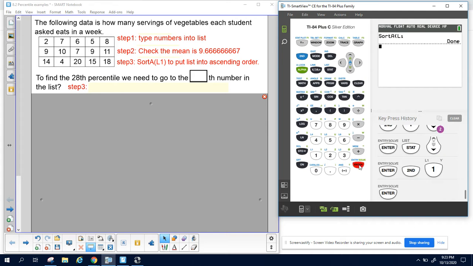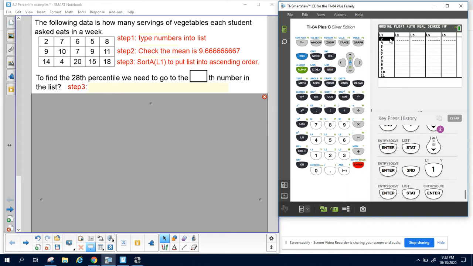When you push enter, it says it's finished sorting them. You can see them in their new order by pushing stat, enter, and notice that the smallest number, the 2, is at the top. And if I arrow up to the 15th number, here is the largest number, 20.